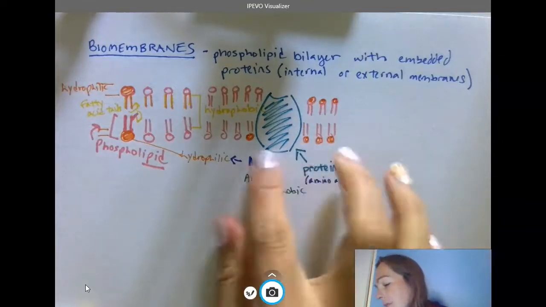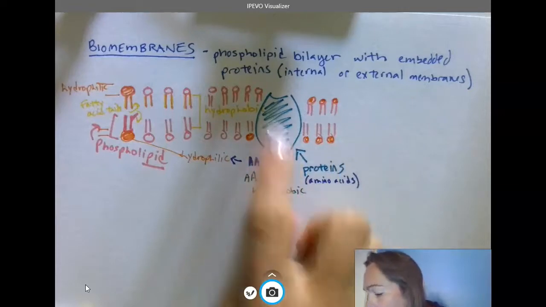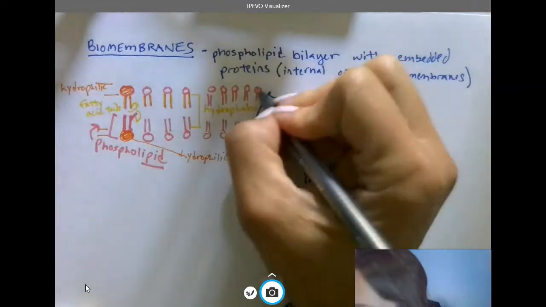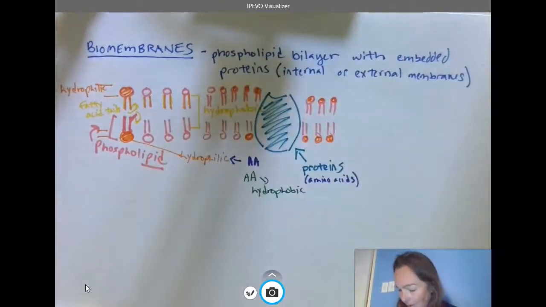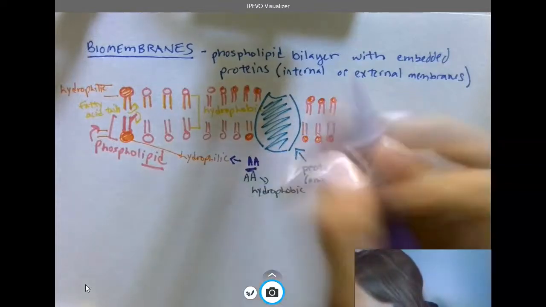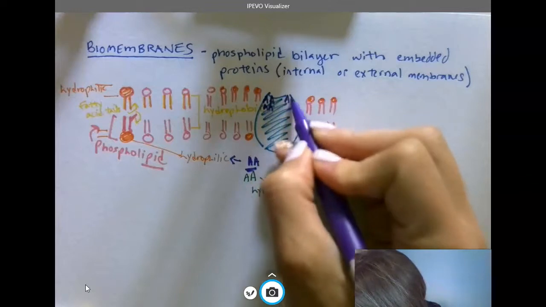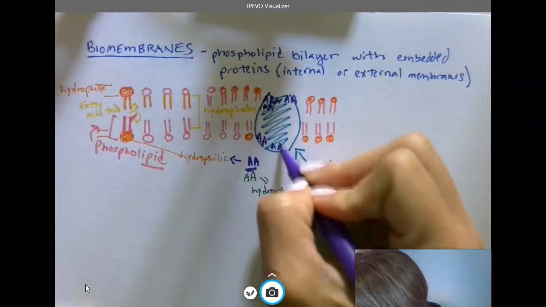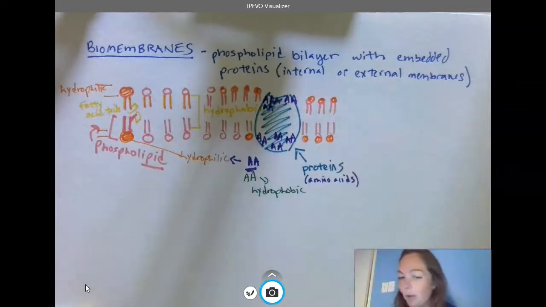The phosphate heads are going to be near water, but that means that the amino acids that are near those phosphate heads should be polar, so they can also be near water. And they're going to be hydrophilic. So these purple amino acids are polar. So this part of the protein that is near the water and is also near the phosphate heads is going to be made up of polar amino acids.